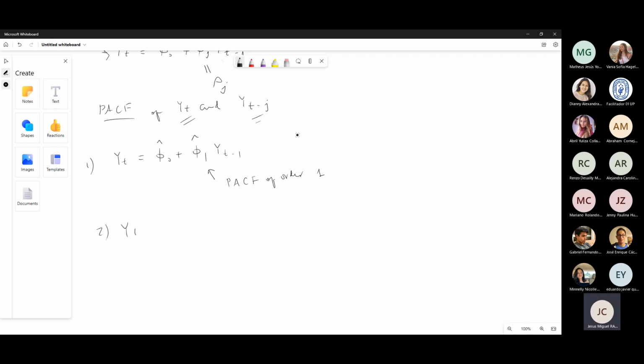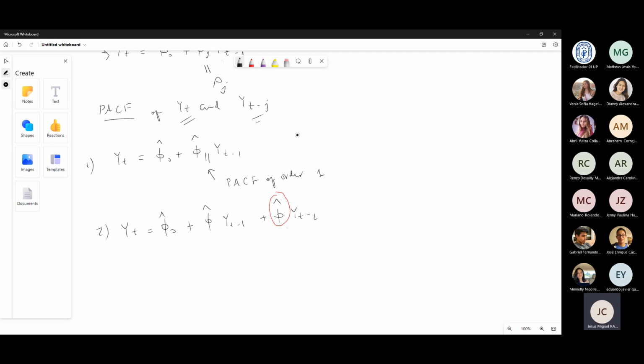But the PACF of order 2 won't be the same because it will be like this. Change it a little bit. Now, this guy is the PACF of order 2. But what is the difference between this guy and the ACF of order 2?